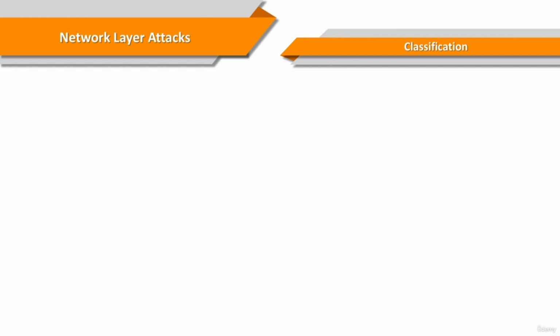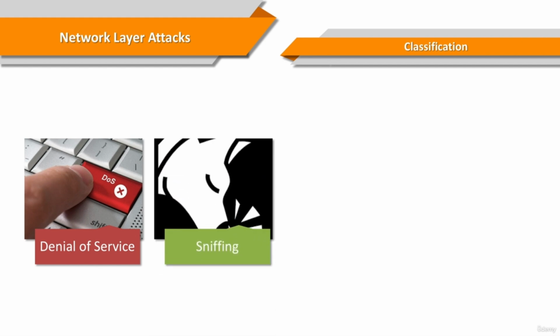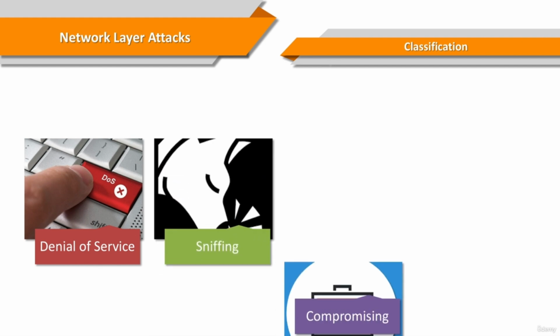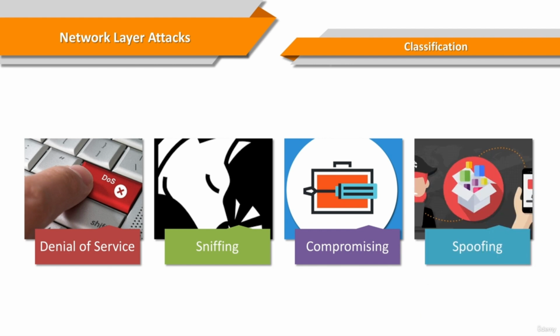So we can classify the network and data link layer attacks according to the effects of the attacks. Right? So these classes are denying the traffic between two hosts, sniffing or listening to the traffic, compromising the transferred data, and spoofing.